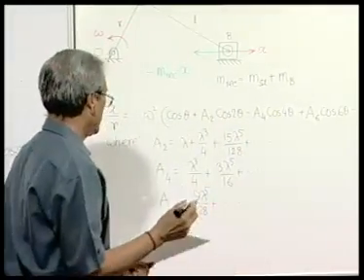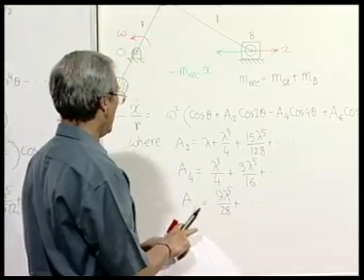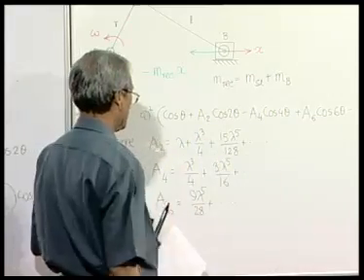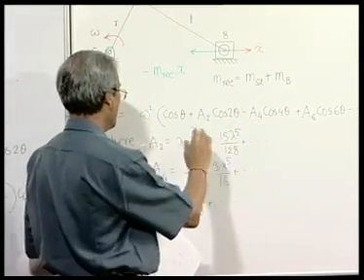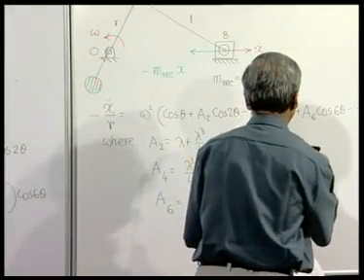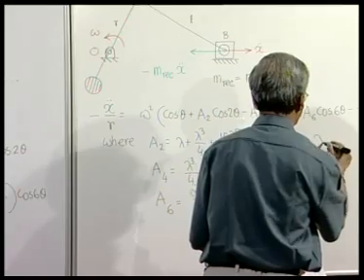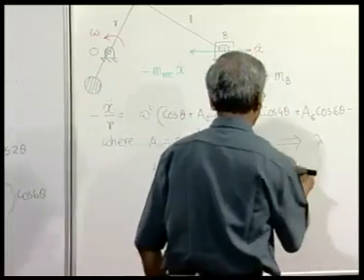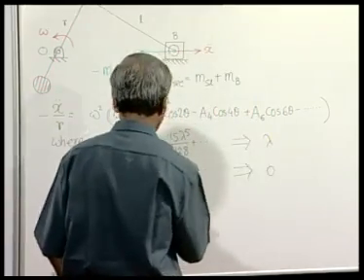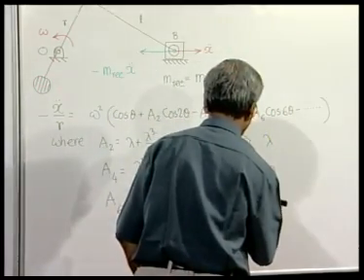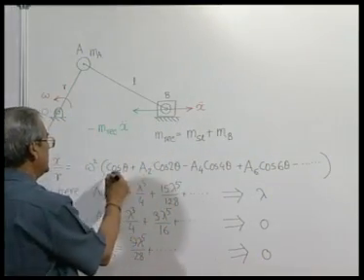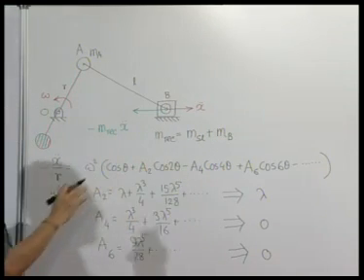The moment we are considering only up to lambda, we ignore from lambda cube onwards, then A2 is equal to lambda. A4 obviously then becomes 0. A6, which has the lowest order lambda to the power 5, is also 0. And so, we need not consider beyond this second harmonic.